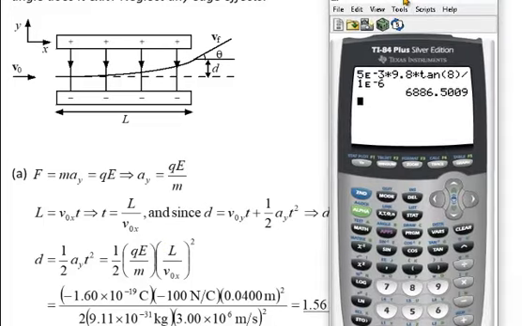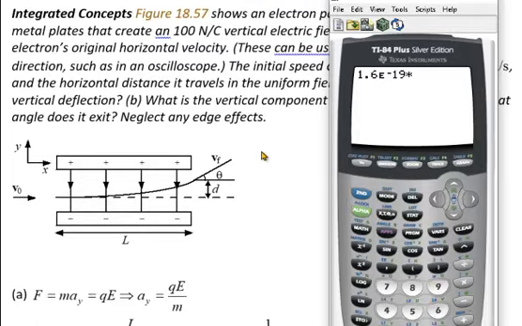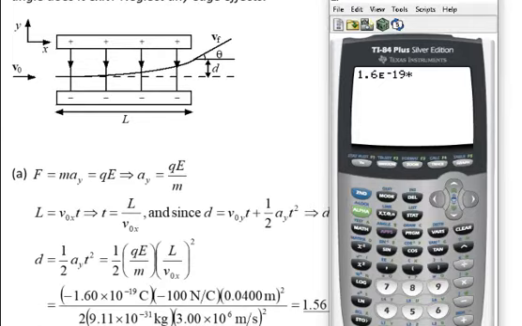So it's going to be a tremendous acceleration. The charge of the electron is 1.60 times 10 to the negative 19. Then I think it did say 100 newtons per coulomb, so times 100. And then I divide by the mass of the electron, which of course is very tiny, and that will give me the huge acceleration that I just mentioned.